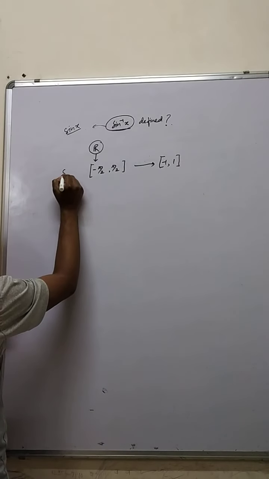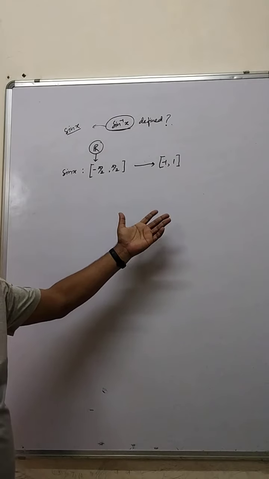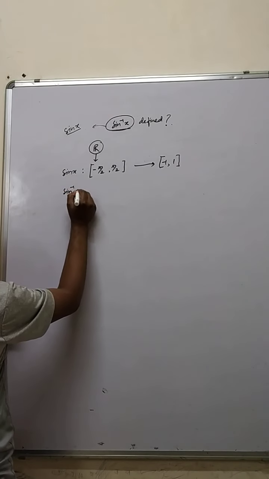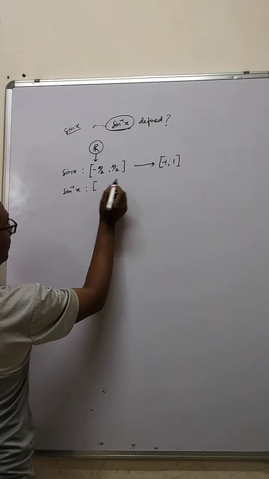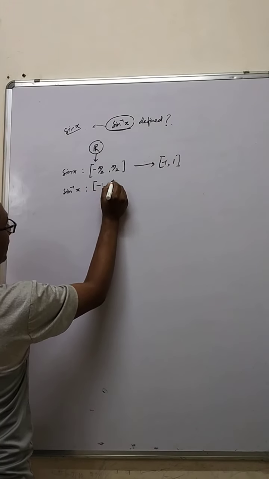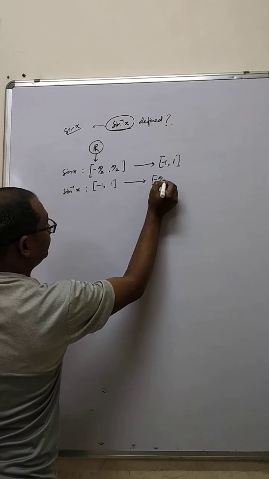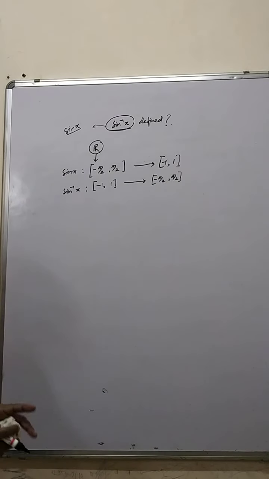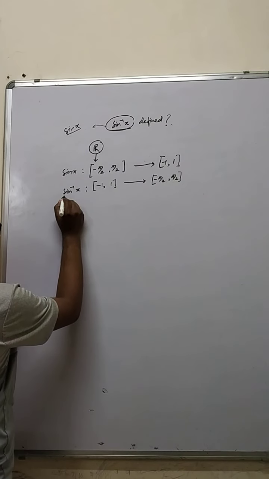Now this function sine x is 1-1 and onto. So there exists a function sine inverse x, called the inverse of sine x, which will now run from minus 1 to 1 to minus pi by 2 to pi by 2. So this is how sine inverse x came into existence.